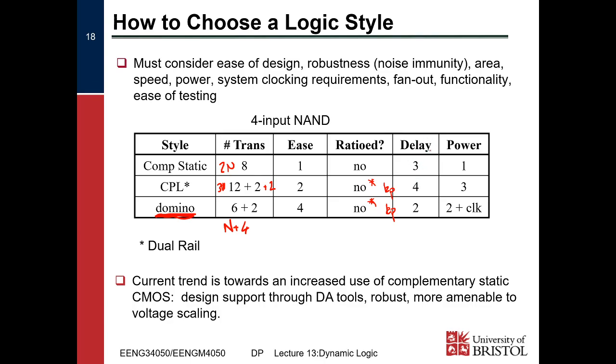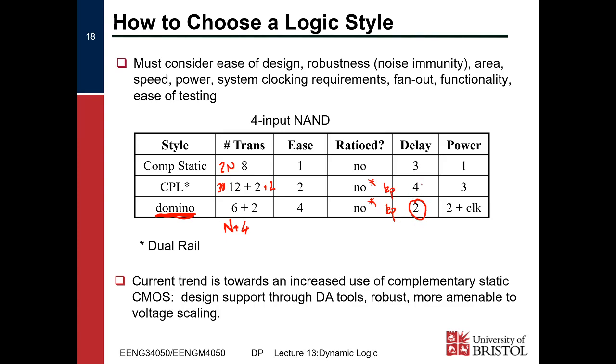If you want to optimize for performance, dynamic logic is the best, because you've got much less intrinsic capacitance sitting on your output node, because you've got the zero low to high propagation delay. The delay of dynamic logic is generally better than any of the others.